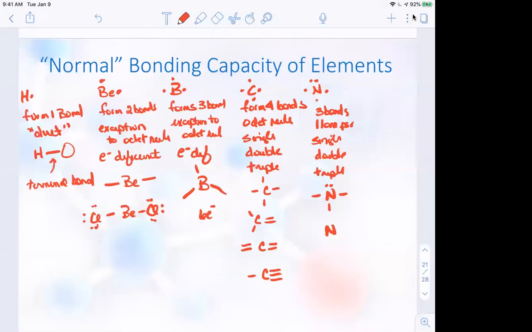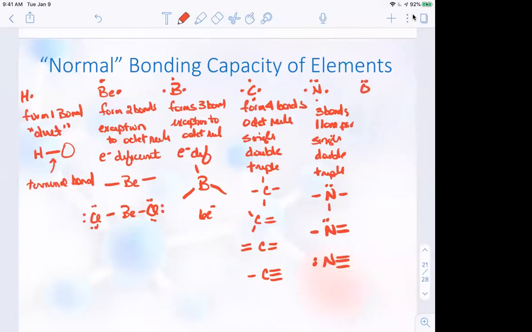My nitrogen can have a lone pair with a double and a single, or my nitrogen can have a lone pair with a triple. In all of those cases, nitrogen has 8 valence electrons. It has a full octet. And the normal bonding pattern here for nitrogen is going to be 3 bonds with 1 lone pair.